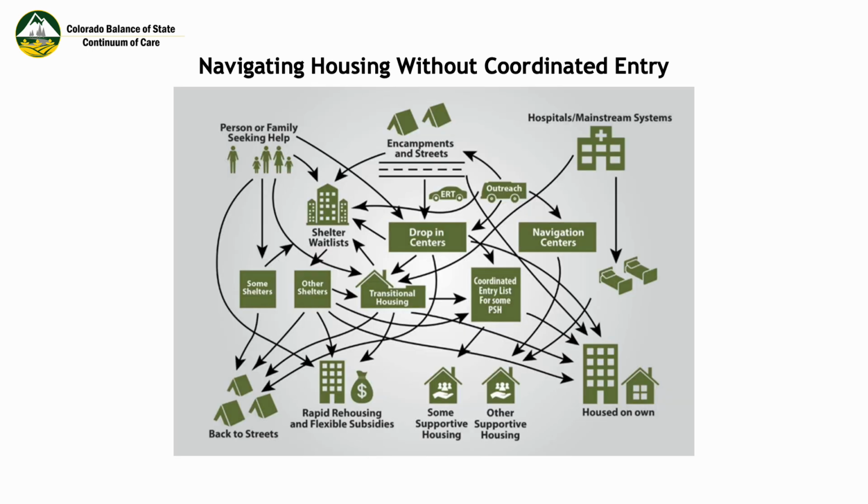Navigating housing without coordinated entry. In this graphic, you can see how people experiencing homelessness have to navigate through community systems to try and get connected to resources and housing. An individual may have to go to several different locations to get their needs met, then get connected to resources, and then referred to housing. As you can see, it's confusing.